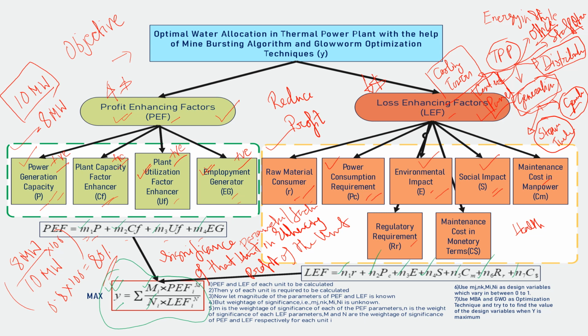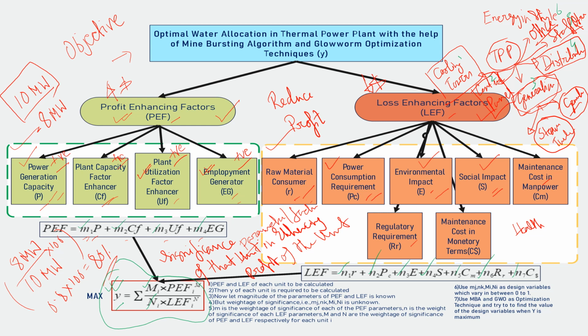Suppose, let us take my example, 1, 2, 3, 4, 5, 6 units are there. So there will be 6 big M for the PIFs and 6 big N for the LIFs. First you sum the PIFs of each unit and the LIFs of each unit.